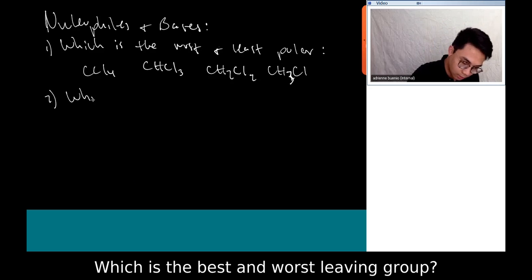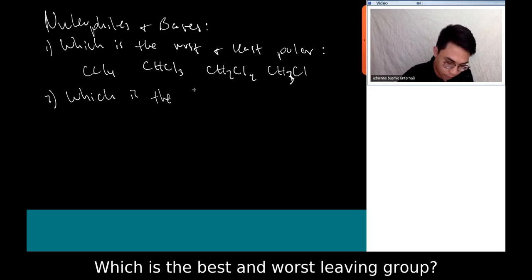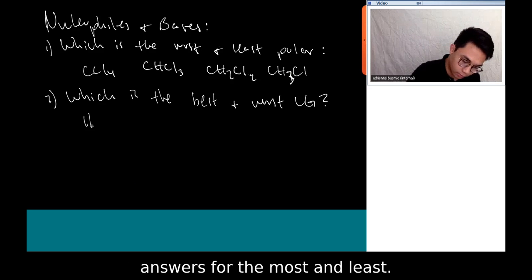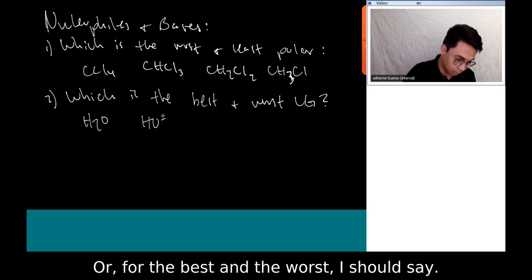Okay, and then let's do this one. Which is the best and worst leaving group? So again, there's going to be two answers, or for the best and the worst, I should say.